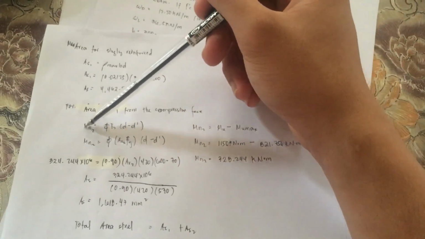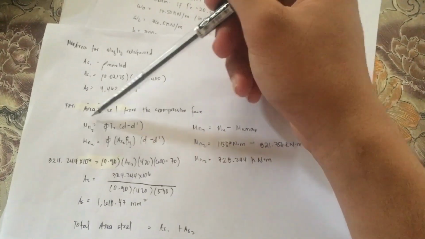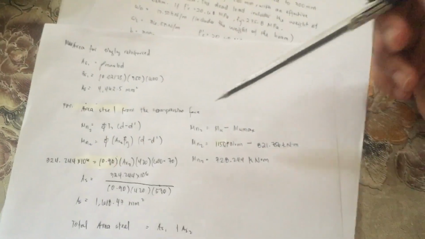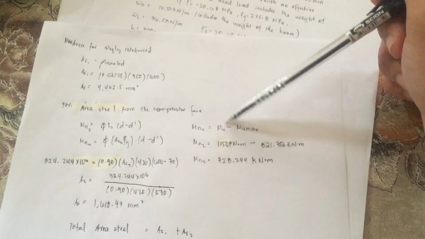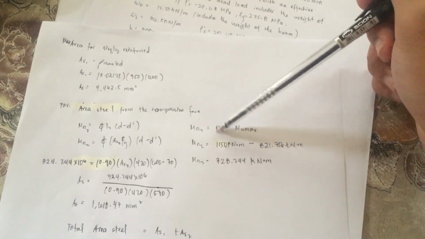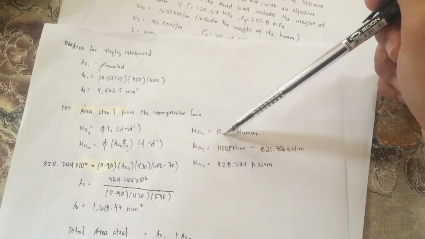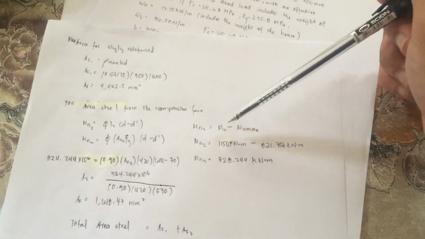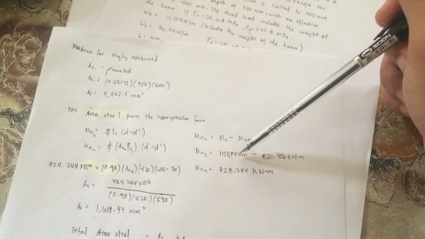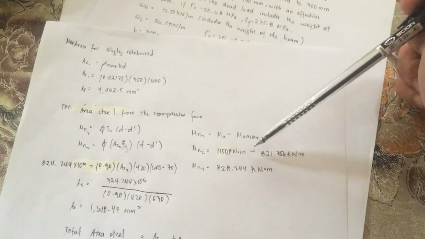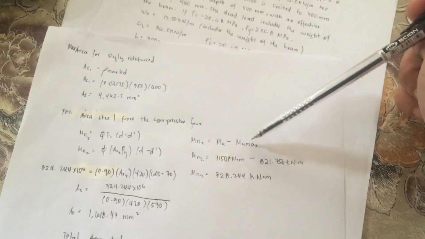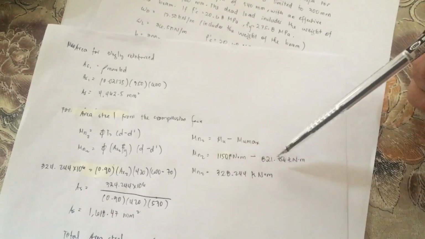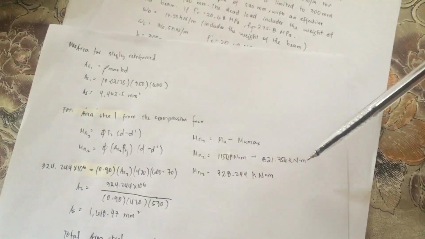Now, since we don't have this moment nga experience sa compression face, we have this formula to get that one. So Mn2 is equal to, we are given the maximum moment nga na experience sa atong concrete beam, which is 1,150 kilonewton meter, and this Mu max nga experience sa singly reinforced concrete beam, we have 821.756 kilonewton meter.